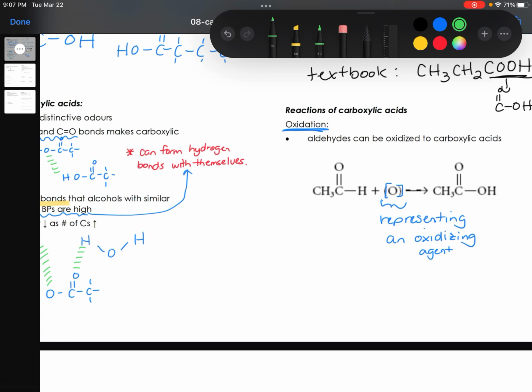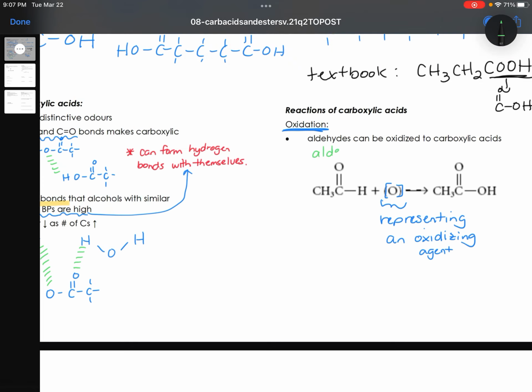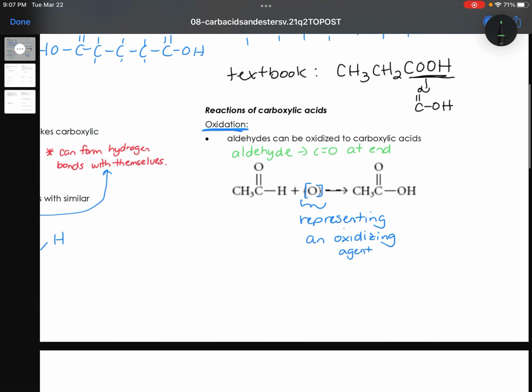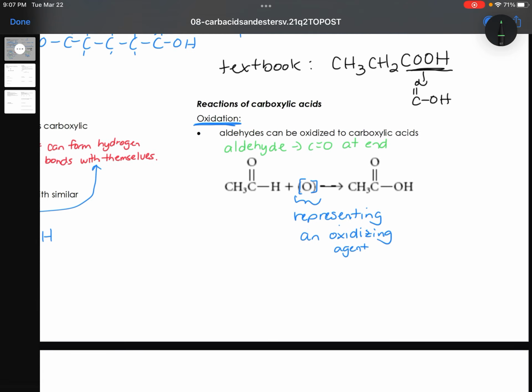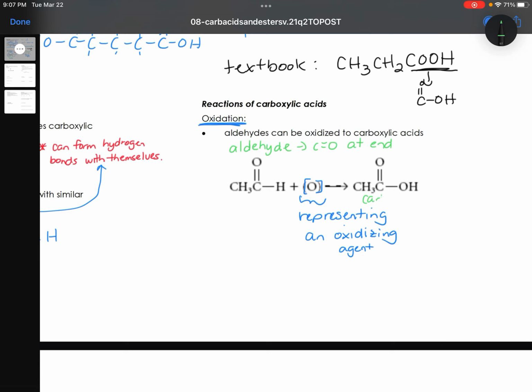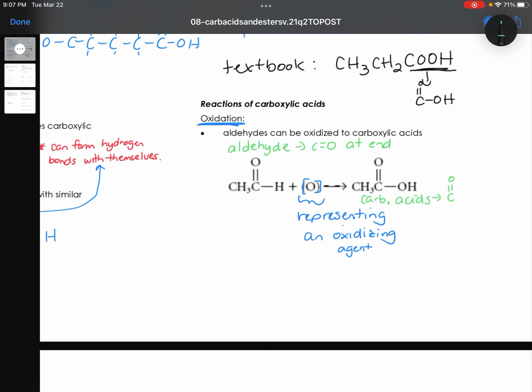So we have an aldehyde here, where the C double bond O is at the end. And because carboxylic acids, their functional group is also at the end, then only aldehydes can be oxidized to make a carboxylic acid.